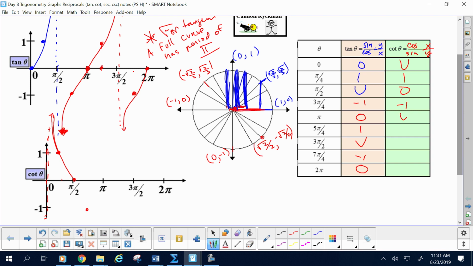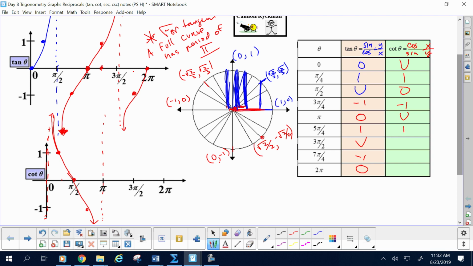That's undefined. So we have another asymptote at pi. And so it's approaching that asymptote. From the left, it goes to negative infinity. What about at 5 pi over 4, cotangent of 5 pi over 4? Positive or negative? 1.